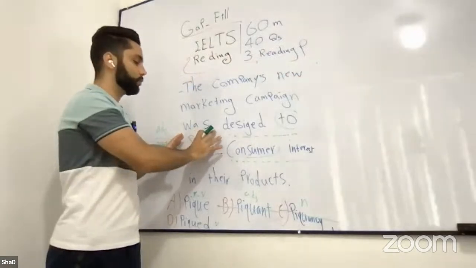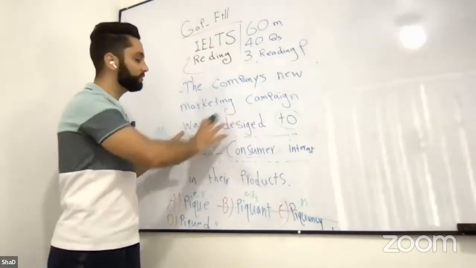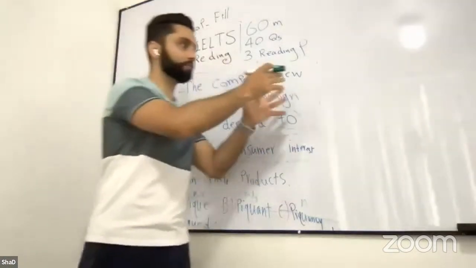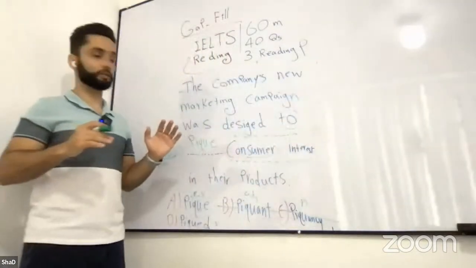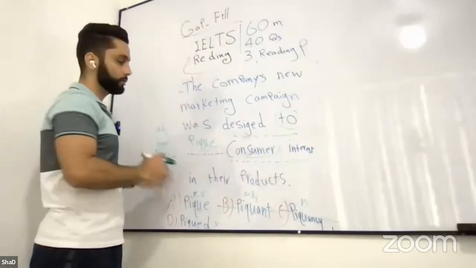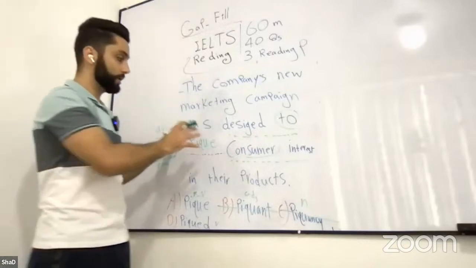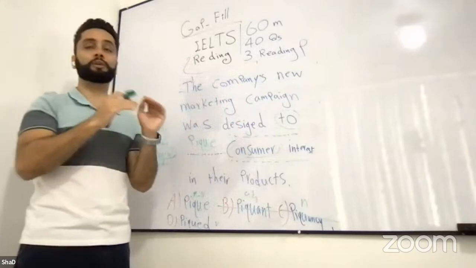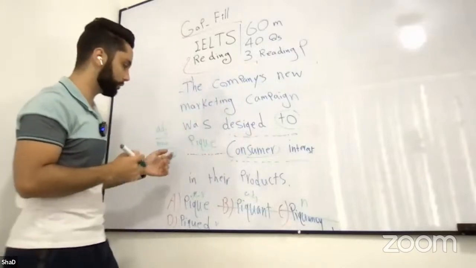You cannot invent a word. If you need a verb here, the verb must exist in the reading passage. Very important. If you have a list, fine, you just pick it from the list. But if you don't have a list, the word must come from the text. You cannot invent it.